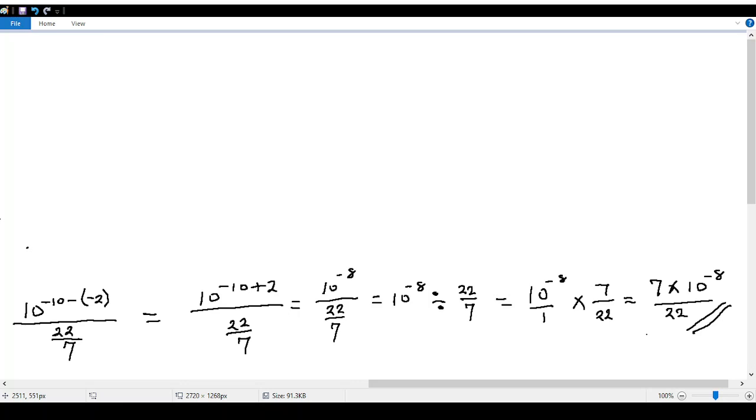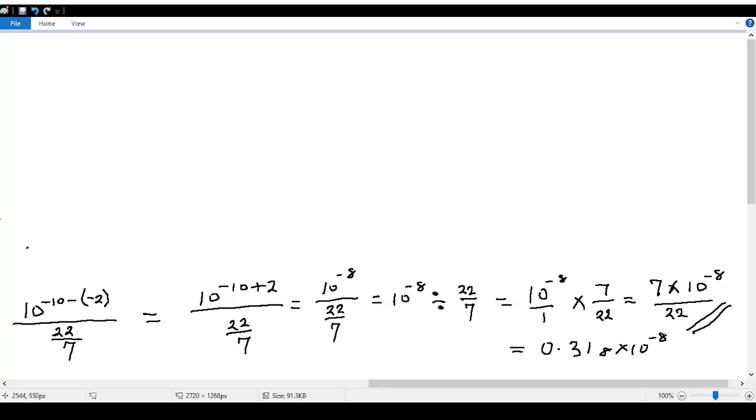But if you still do want to obtain your value in decimal expression, you could as well say 7 divided by 22, which gives you approximately 0.318 times 10 raised to power minus 8.